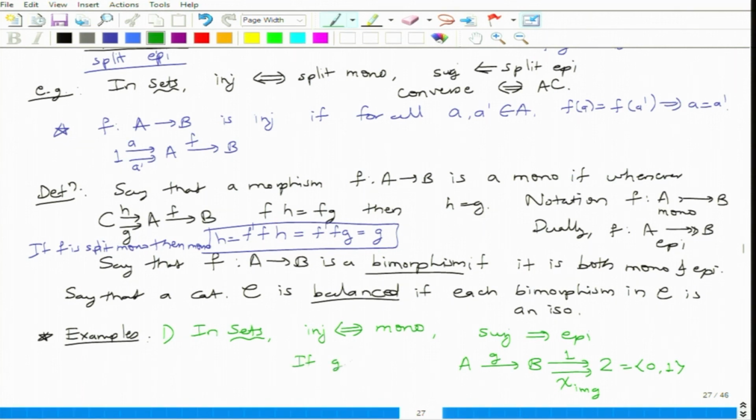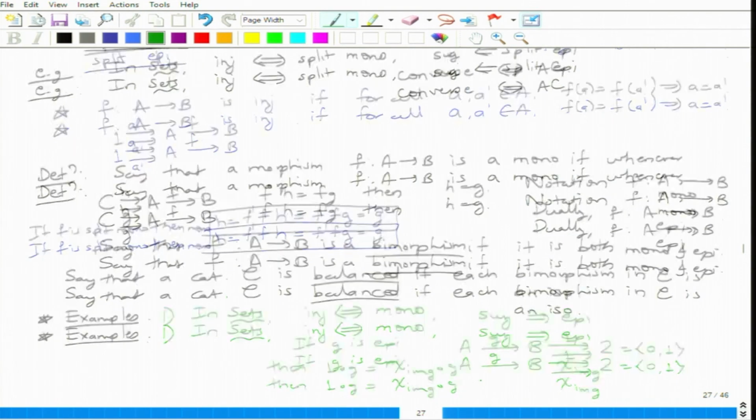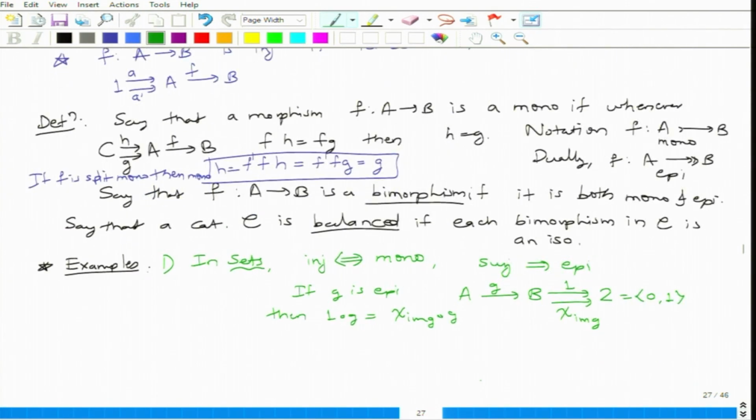If G is epi, then 1 composed with G equals chi im G composed with G, and that will imply 1 equals chi of the image of G. And what does that mean? The image of G equals B, which means G is surjective.